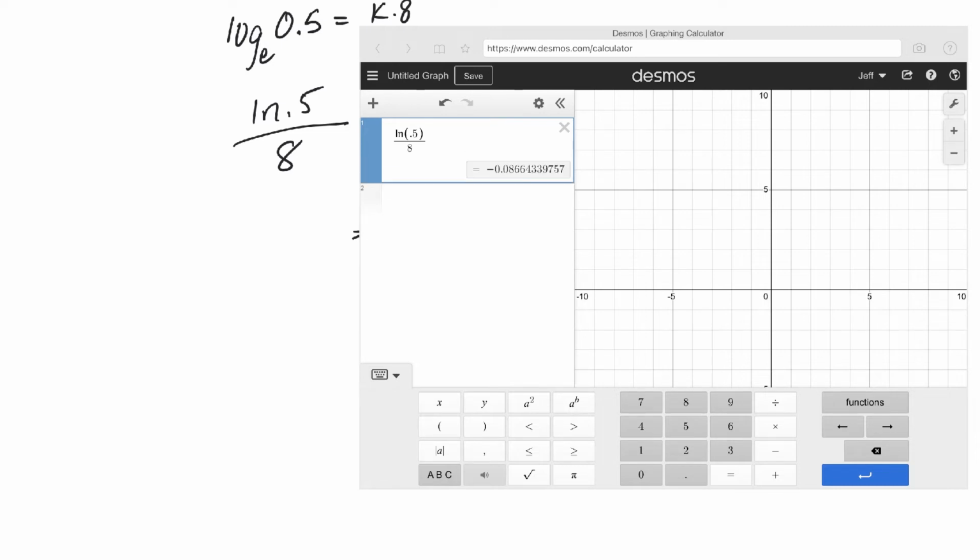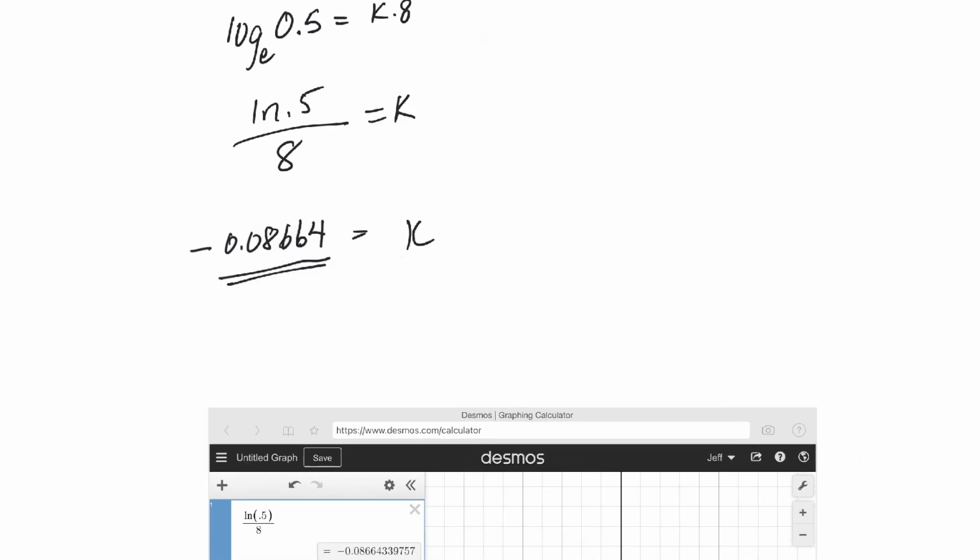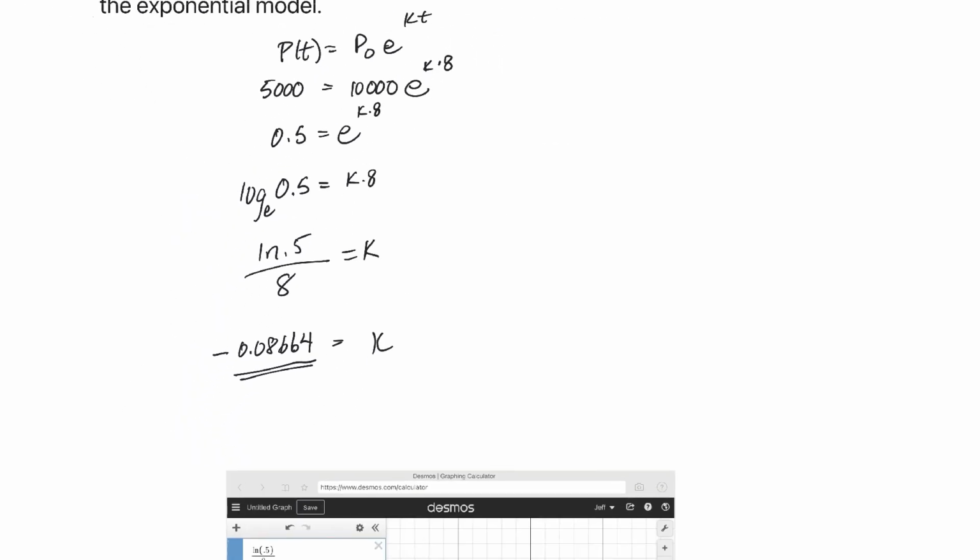So I'm getting negative 0.08664. I like to use as many decimals there as I can in order to maintain accuracy. I think if you go to 5 or 6 decimal places, you should be okay. All right, so that k is a percent increase. In this case, it's a minus, so it's a percent decrease.